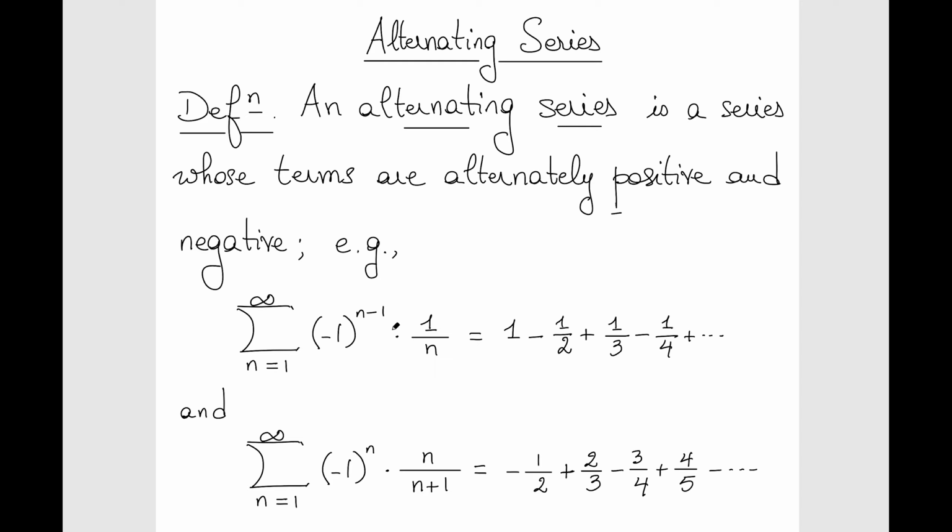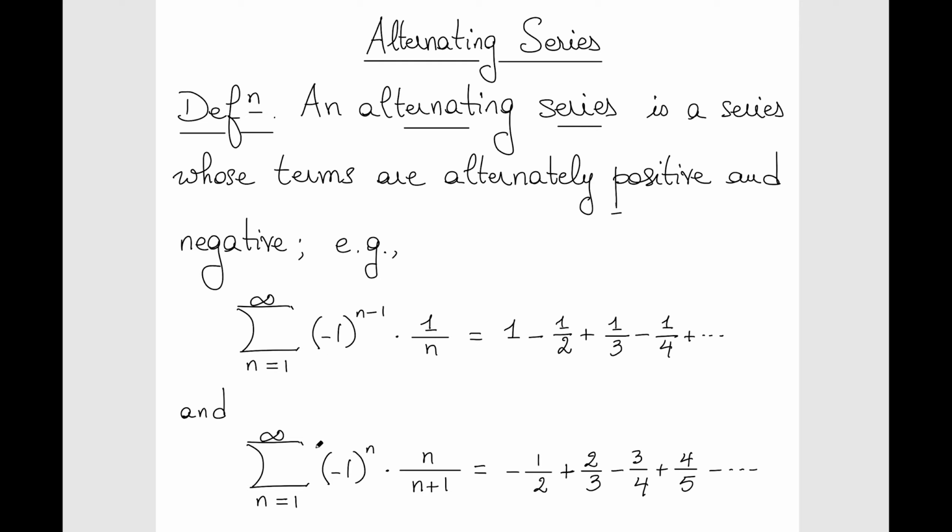If you unravel this notation, the first term is when n is 1, and that becomes 1. When n is 2, that becomes (-1)^1, which is negative 1, times 1/2, so negative 1/2, and so on. As you realize, the signs of the terms are going to alternate because of the presence of this (-1)^(n-1).